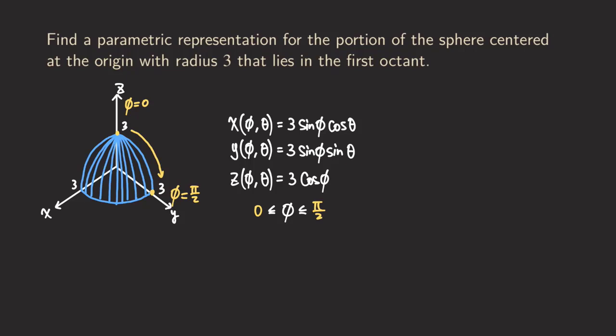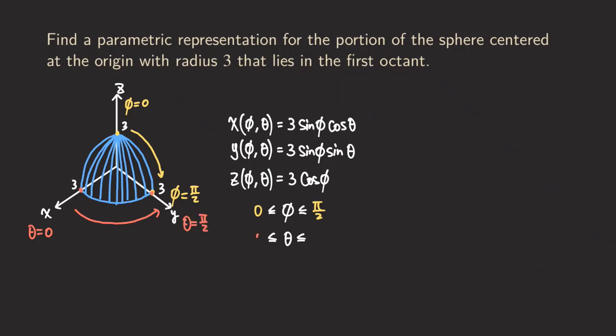But for theta, it will actually be different this time because we only want the portion in the first octant. That means we only want the portion in the first quadrant if we just look at the xy plane. So in the first quadrant, we start from theta equals 0, starting at this point, and then we start going this way, and then we stop right here, which is theta equals pi over 2.